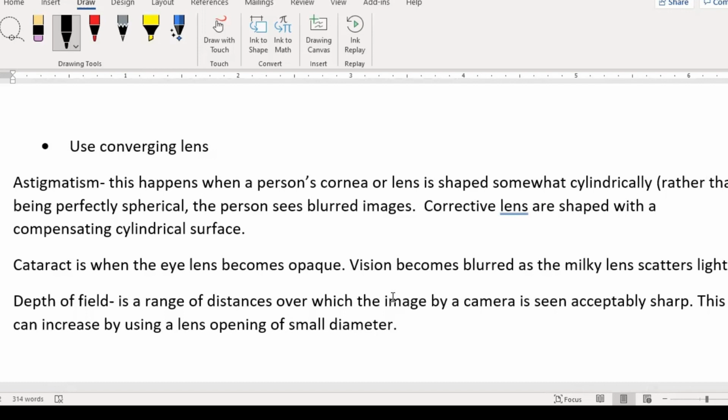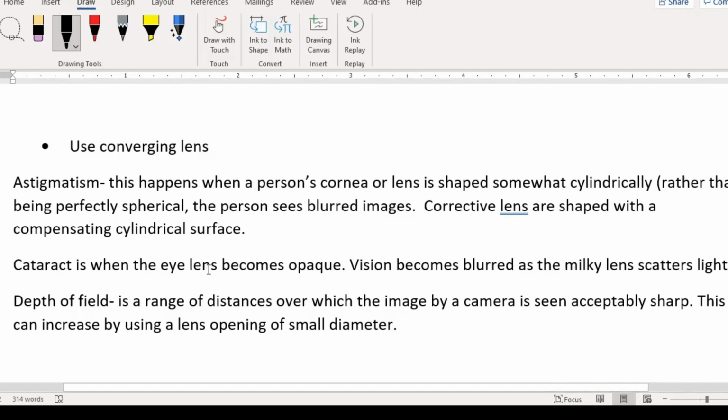And so the light rays end up being blurred, because when the light rays hit the cornea or the lens, they refract in different locations, and that causes the image to be a bit distorted when it reaches the retina.